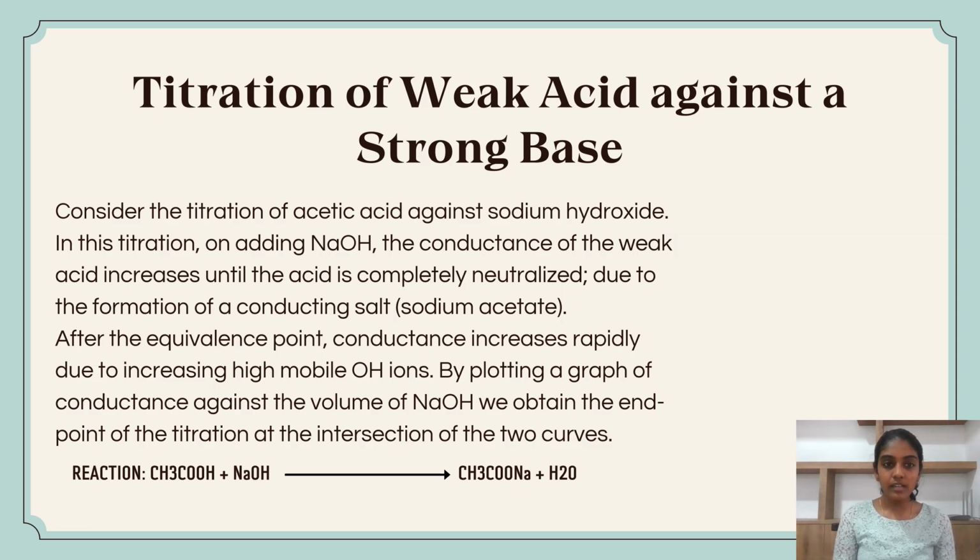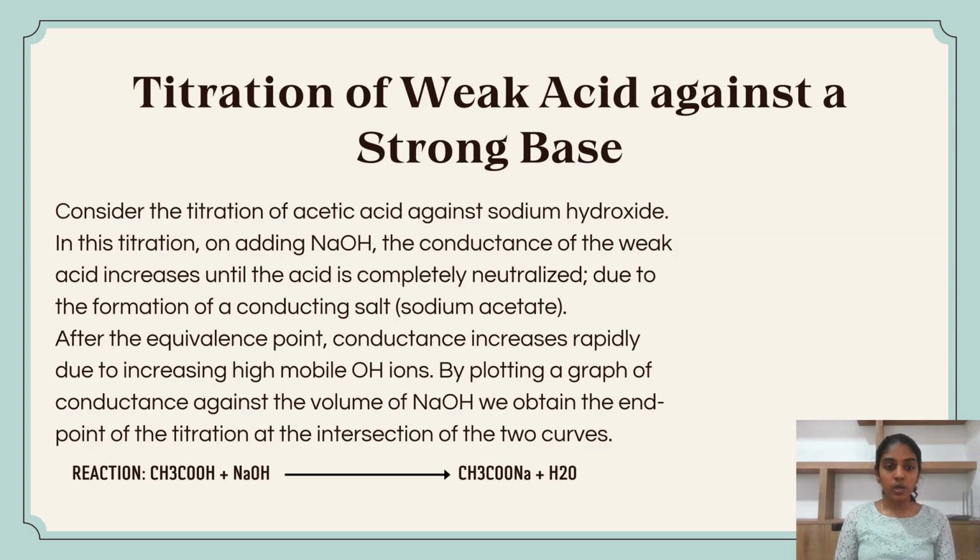So to understand the titration using the conductometer, we're going to take an example of a weak acid against a strong base. For this, we're going to consider the titration of acetic acid against sodium hydroxide. In this titration, on adding sodium hydroxide, the conductance of the weak acid, which in this case is acetic acid, increases until it is completely neutralized due to the formation of sodium acetate, which is a conducting salt.